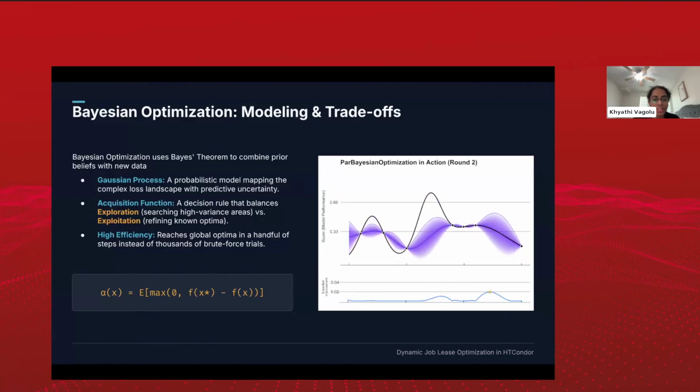Exploitation is when you use values that are already known and good, like timeout values in our case, and exploration is when you try a very different value and see if that is adding any value or not. So yeah, it is efficient in the sense that within very few trials, we can arrive at a decent global optima. Yeah.